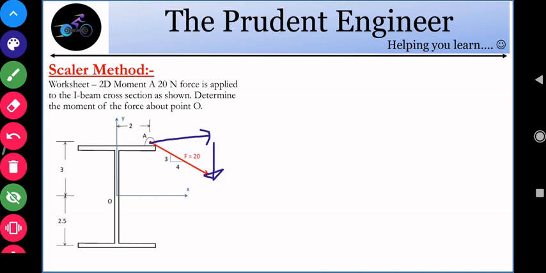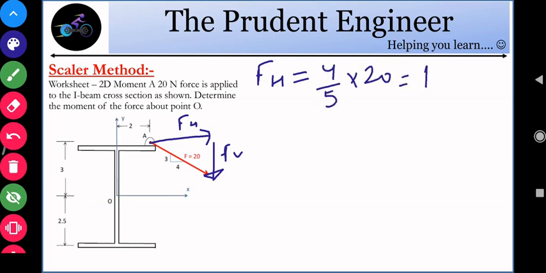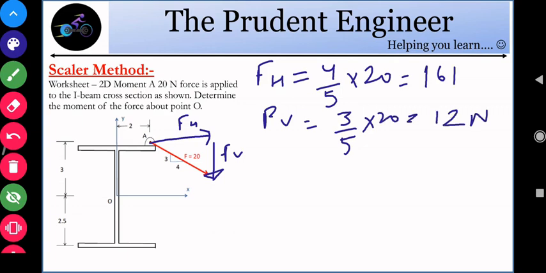F horizontal is 4 over 5 times 20, that's 16. F vertical is 3 over 5 times 20, that is 12 newtons.